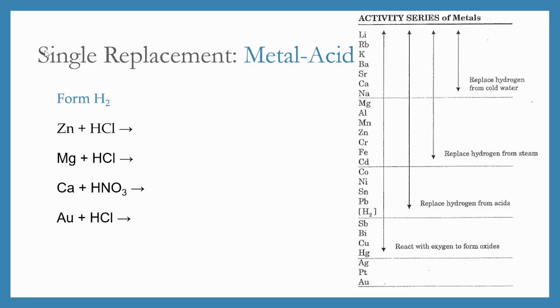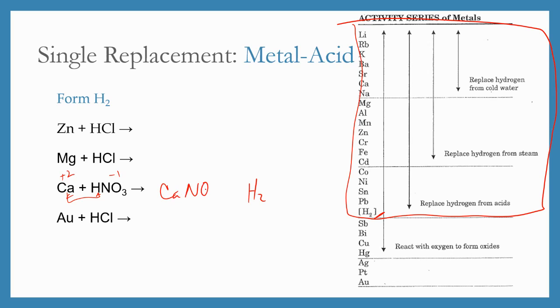Oh, I made my stuff go away. I was about to say, where'd everything go? Okay. So calcium's +2. Nitrate is -1. Calcium and hydrogen are going to switch places, right? They're in this box of removing hydrogen from acids. That's why hydrogen's actually here. So it's going to make H2 and it's going to make calcium nitrate. Since nitrate's -1 and calcium's +2, we need 2 nitrates.